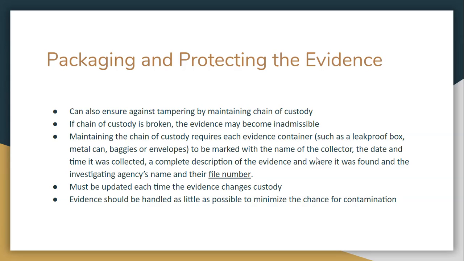They would initial over that they have now resealed it. And then, on the chain of custody form, they have to list why was it opened? What was the purpose of unsealing it and looking at it? What did you do to it? And then that has to be done every time that evidence changes hands. You have to update that chain of custody form.